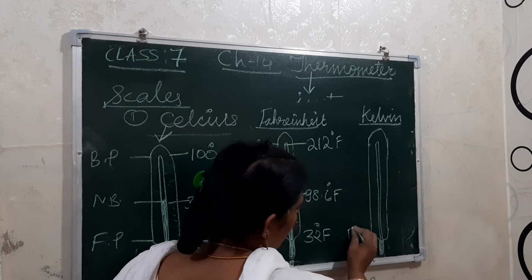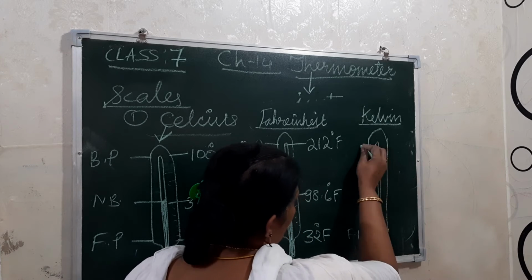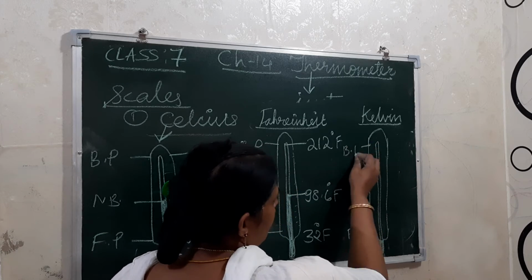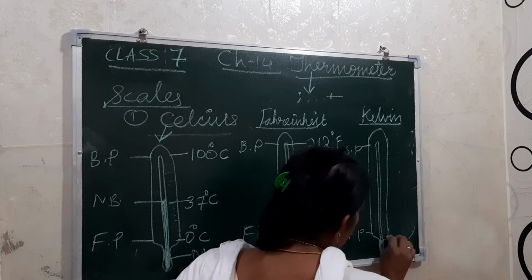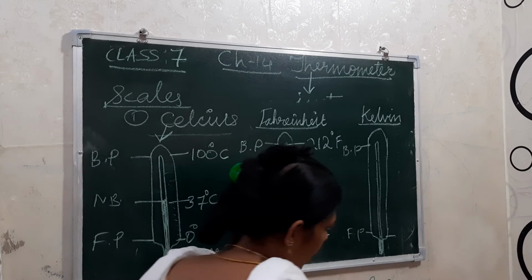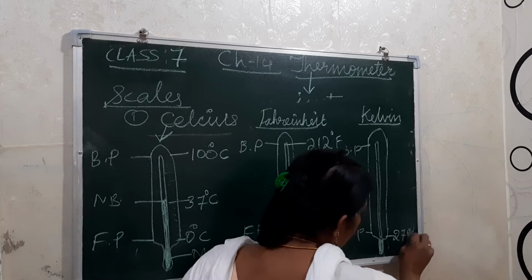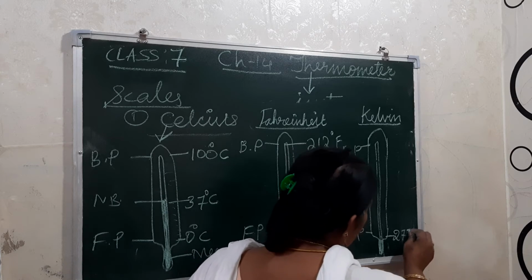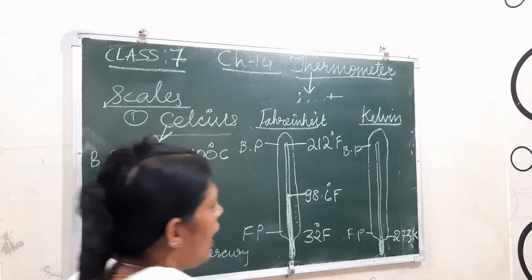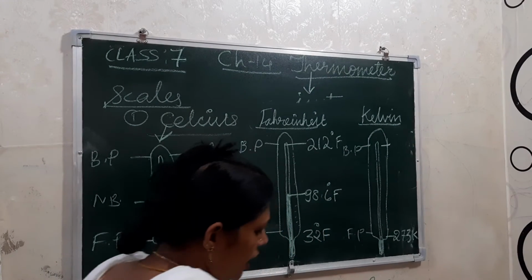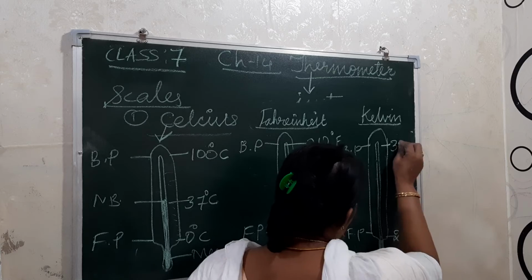So this is the freezing point, and this is the boiling point. In Kelvin, the freezing point is 273 Kelvin, and the upper one is 373.